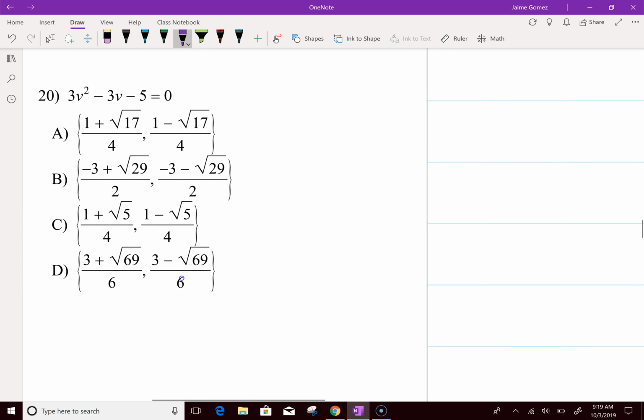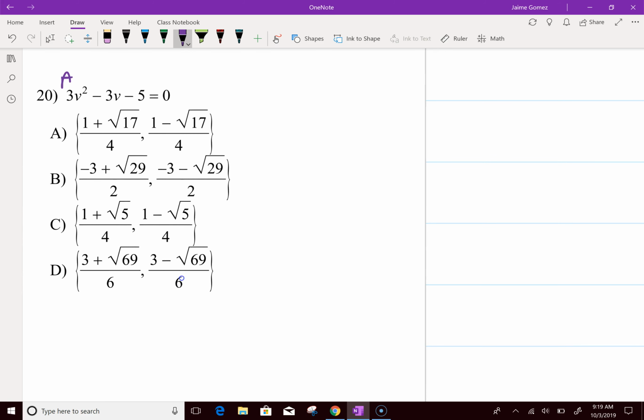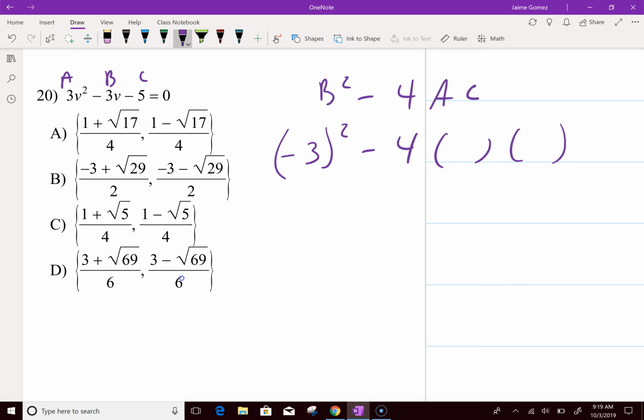Number 20. That's A, that's B, and that's C. B squared minus 4AC. B is negative 3 again, minus 4 times A times C. A is the number in the front, that would be 3, and C is the number all by itself, that's negative 5.